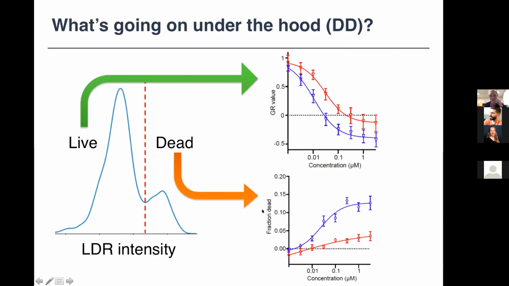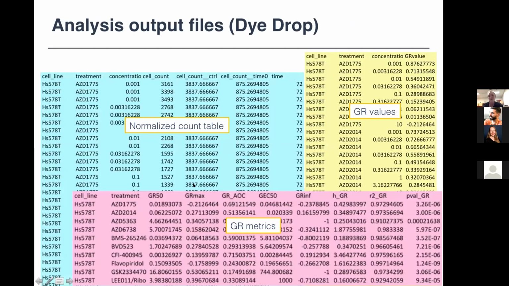From the dead counts, in concert with the live counts, we generate the fraction of dead cells. And so these are complementary views, and I'll present, I think on the next slide or in a couple slides, just how important it is to include this death metric in addition to the GR values. This is just a visualization again of the data that's output from a DyeDrop experiment.